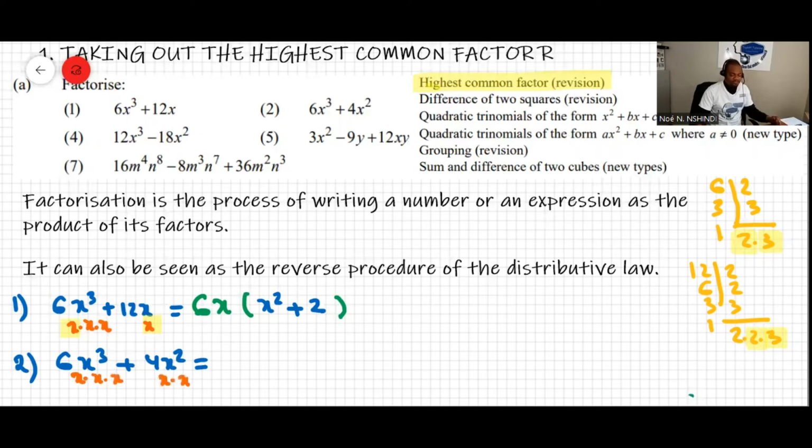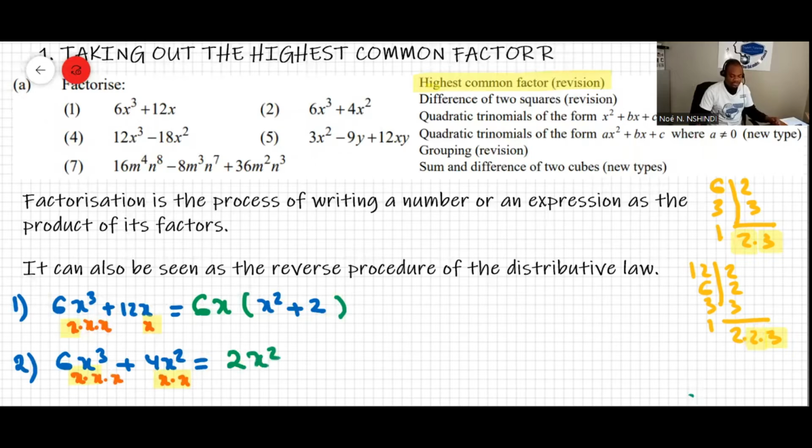Now, for the coefficients 6 and 4, the highest common factor is 2. And for the variable, the highest common factor is x times x, because we have two x's in the last term. So we can take x squared as the common factor.